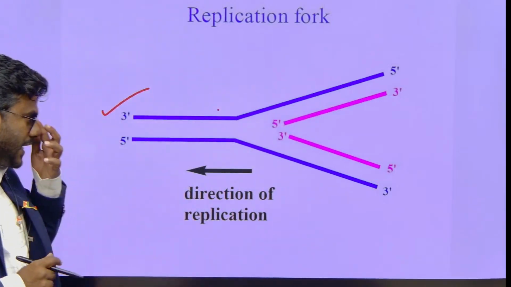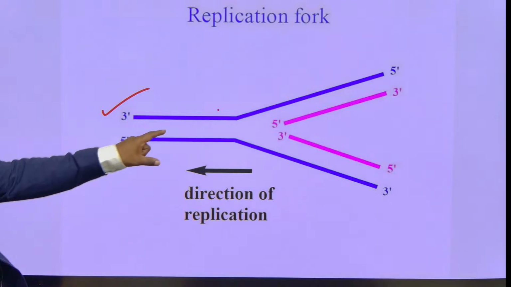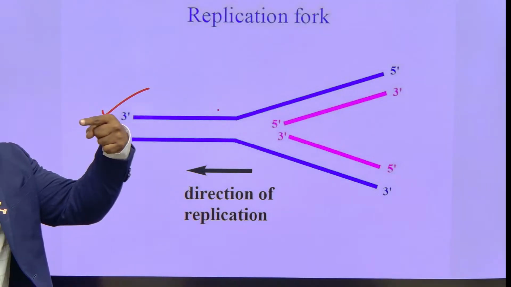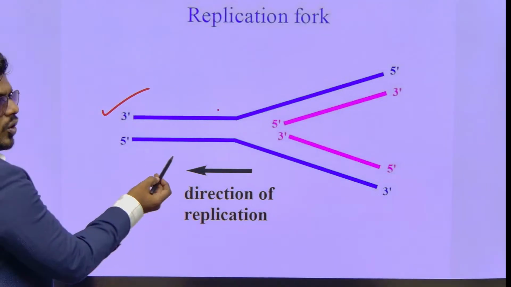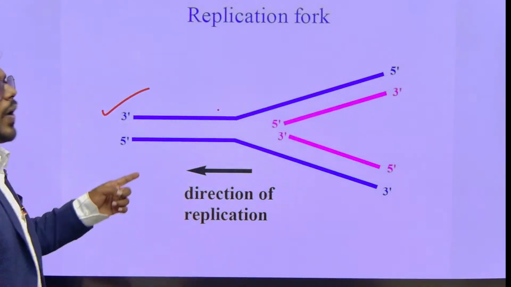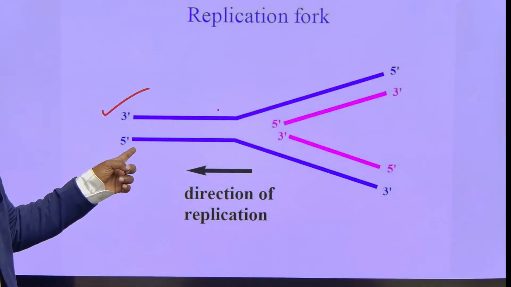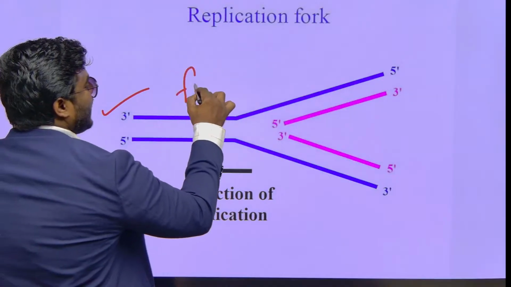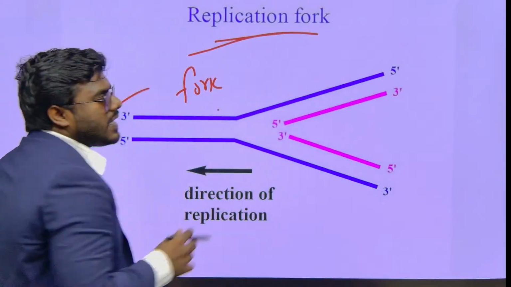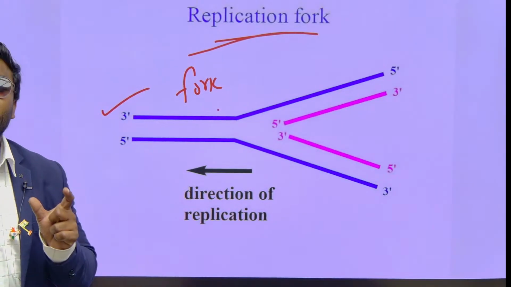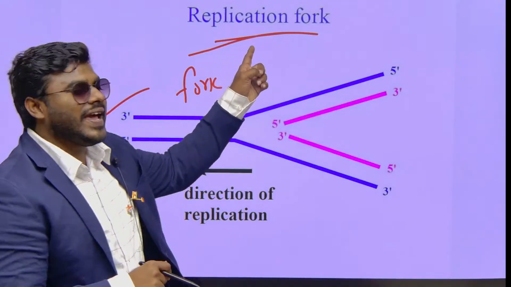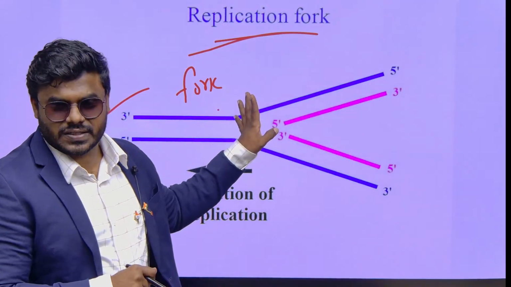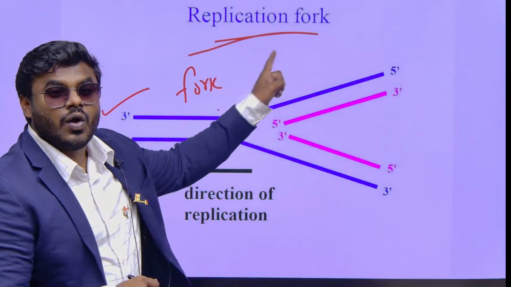Especially in a eukaryotic organism, whenever 2 forks are moving at a time, it looks like a sleeping Y. This is what we call a replication fork. In other words, the replication fork is the area or the point where active replication takes place.